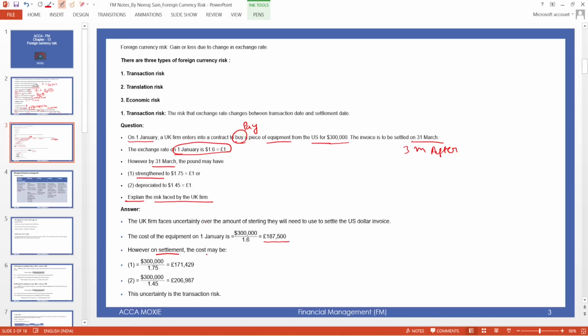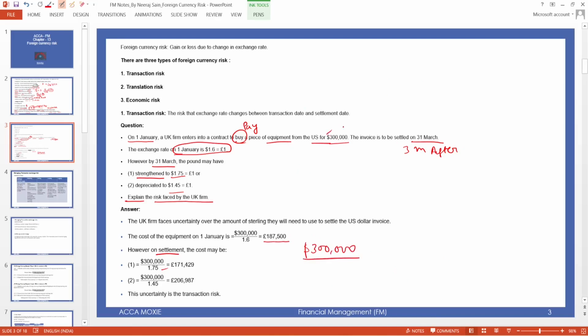Okay, but on the 31st, how much do they have to pay? We have to divide 300 by this amount and this amount. So which one should I use? Let me explain, guys, which rate you have to use.